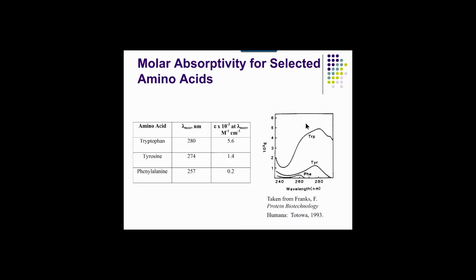And for this reason, the absorption band for tryptophan is redshifted and significantly more intense than that for either tyrosine or phenylalanine.